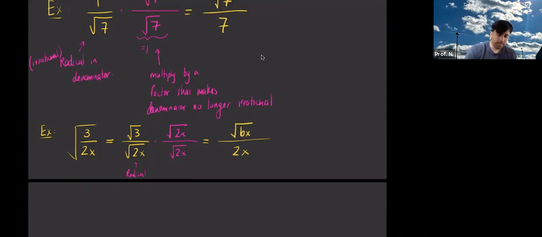And I'm done. I have successfully rationalized the denominator. I can't divide the 2 and the 6, because 6 is underneath the radical and 2 is not. The same thing goes for the x's here. I can't just cancel out the x's like that because of the square root.